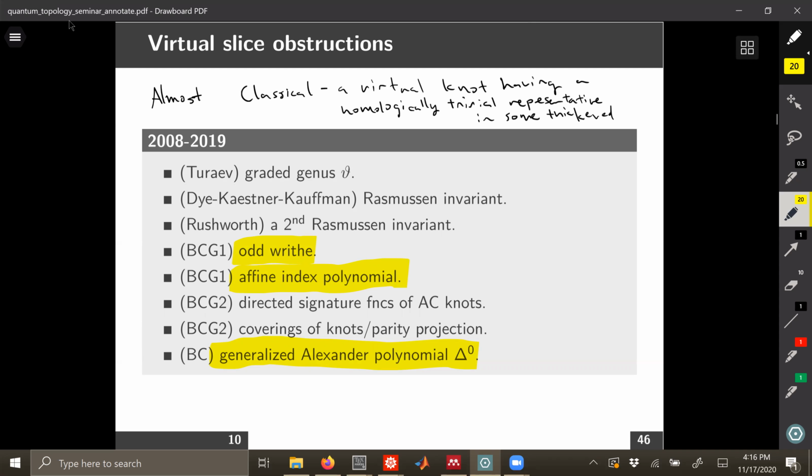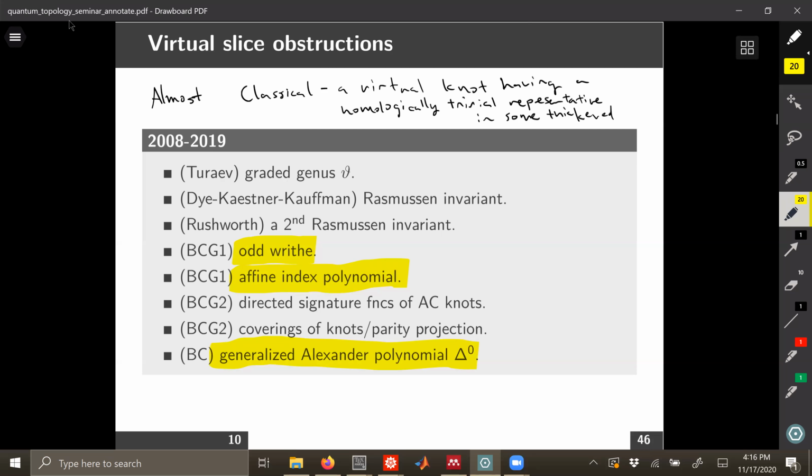And that's a theorem of Blake Mellor, who showed that you can get the writhe polynomial and the odd writhe from the generalized Alexander polynomial, essentially by a specialization and a factorization followed by a specialization.